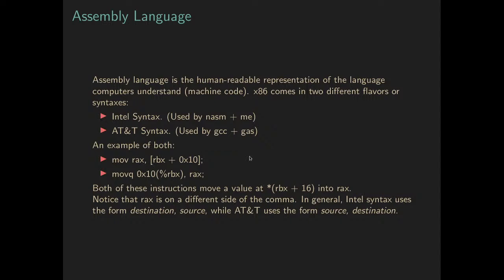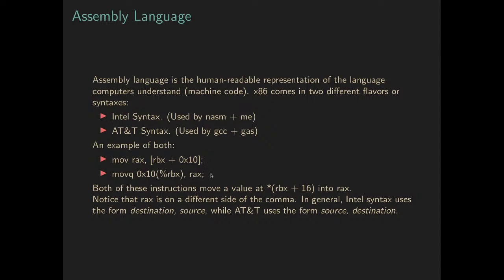You have this [RBX plus 10] with brackets around it, and then you have RAX here. On the other hand, you have this AT&T syntax: hex 10 percent RBX register, and then you have RAX.